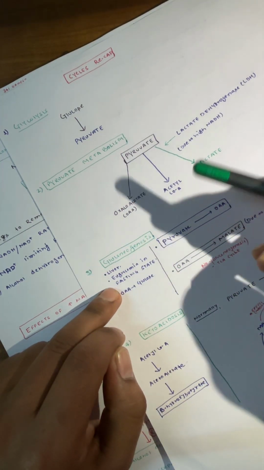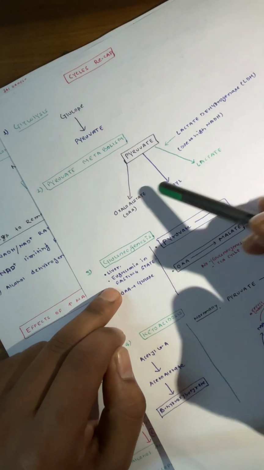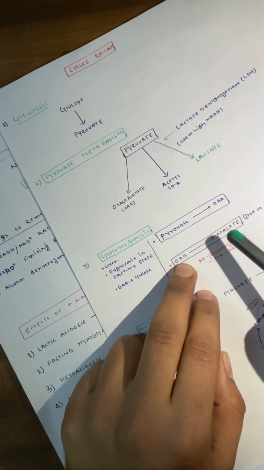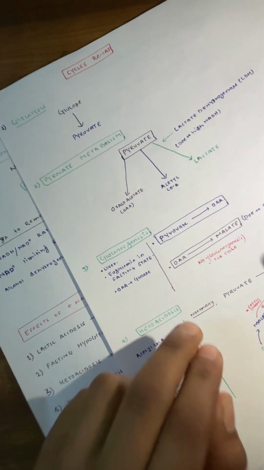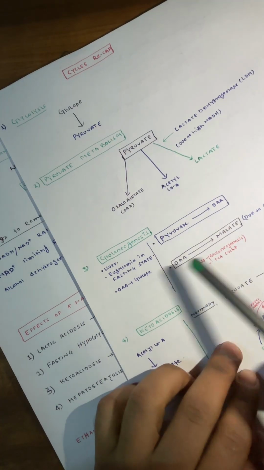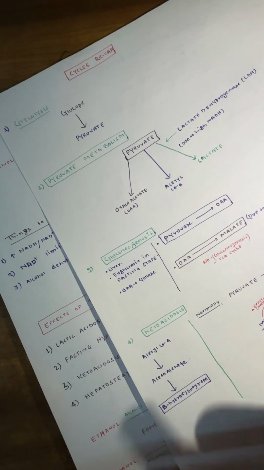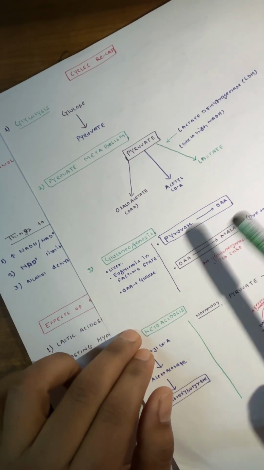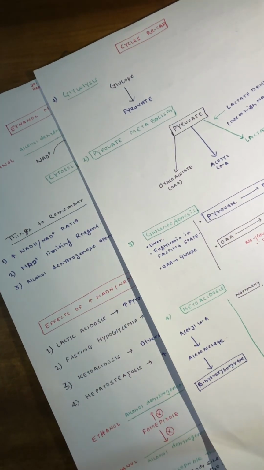But when the NADH levels are very high during alcohol metabolism, this oxaloacetate is converted to malate, and this decreases oxaloacetate, so gluconeogenesis is impaired, leading to fasting hypoglycemia. So high NADH shifts oxaloacetate to malate, and this blocks gluconeogenesis and leads to fasting hypoglycemia.